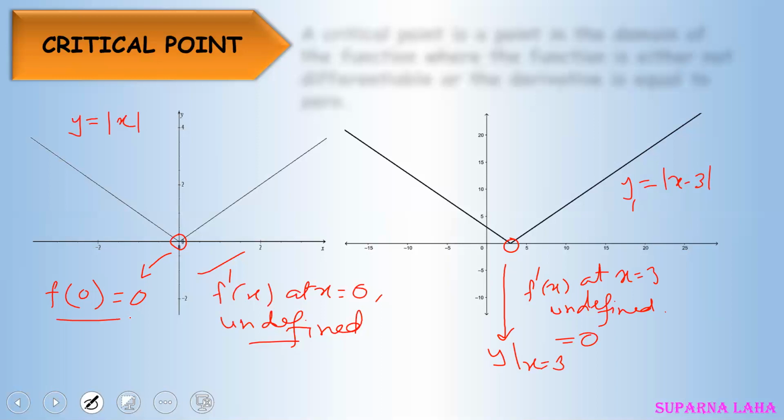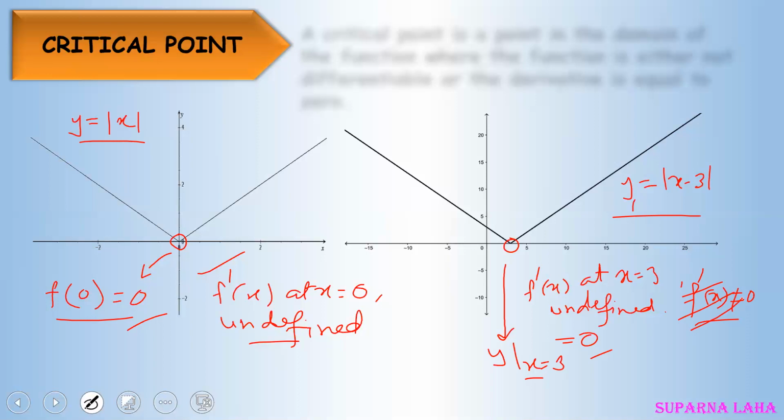So for x equals 0, this function has a minimum value, and for this function, x equals 3 has a minimum value. But the first derivative does not exist, and definitely it is not equal to 0. It is undefined. So if it is not defined, we can't check its sign, and we can't say it is equal to 0 or non-zero.